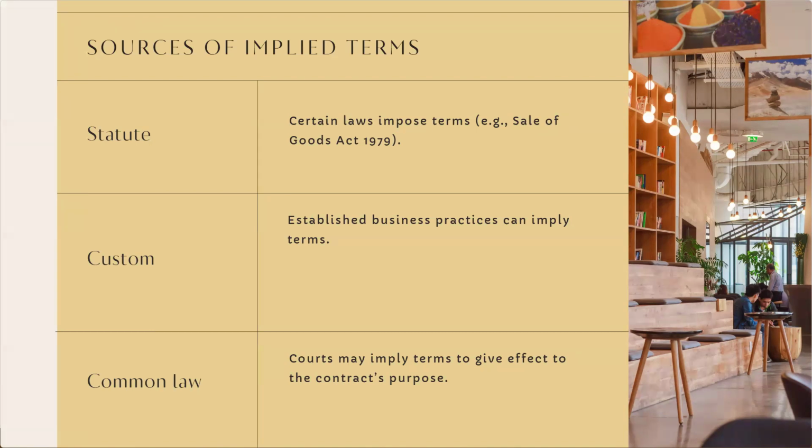Or it could be applicable from custom. Internationally, we recognize certain customs, like UCP 600, which is the custom for documentary credit, or in other words, the custom for letter of credit.